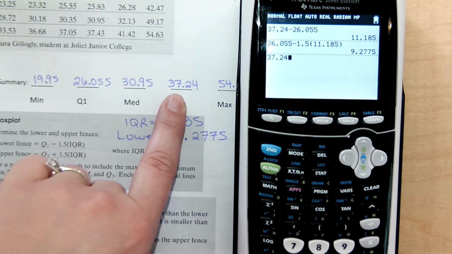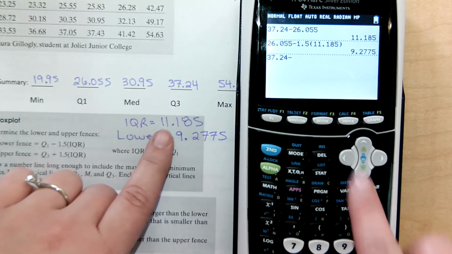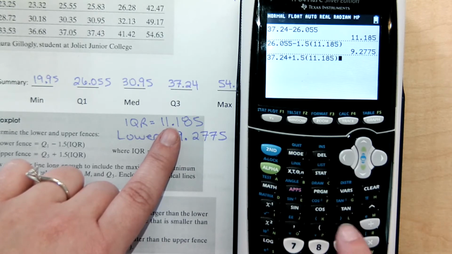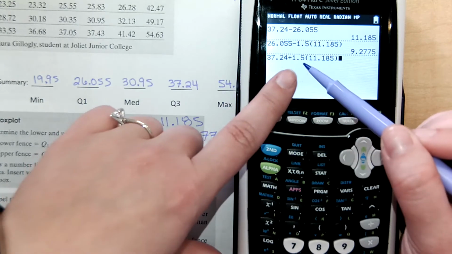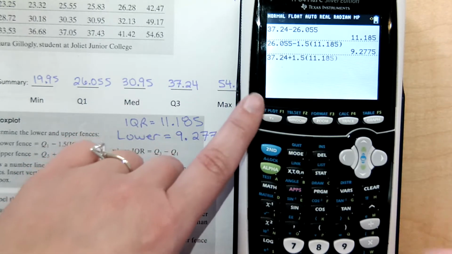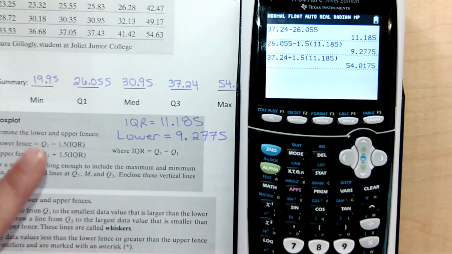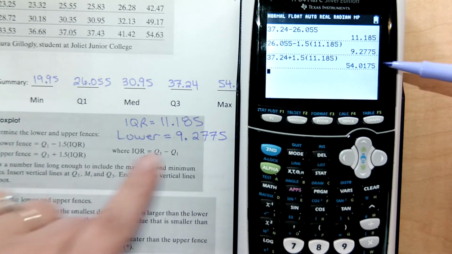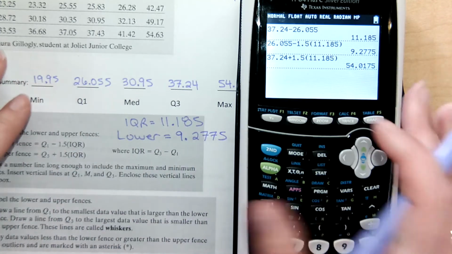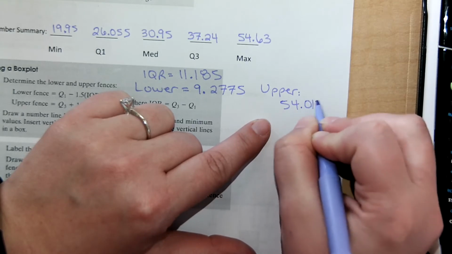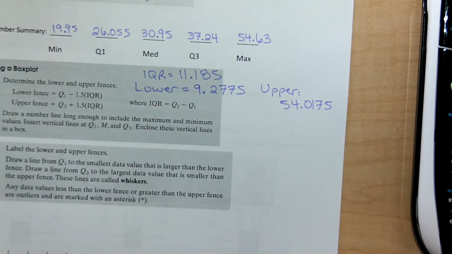The Q3 plus 1.5 times the IQR. So again, it's Q3 plus 1.5 times the IQR for the upper fence, Q1 minus 1.5 times the IQR for the lower fence, and both of those formulas are on your formula sheet. So 54.0175 is my upper. It's kind of tedious to get all these numbers, but it's really helpful for drawing our box plot.